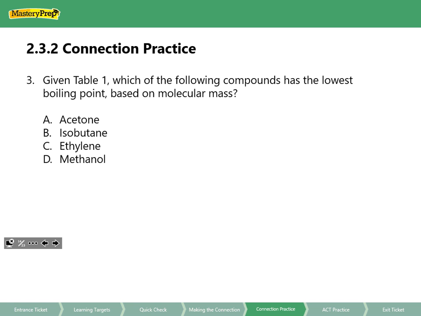So the higher molecular, yes. I'm glad I'm not an English teacher. Molecular weight. So looking back at the table, which one has the higher molecular weight or molecular mass?